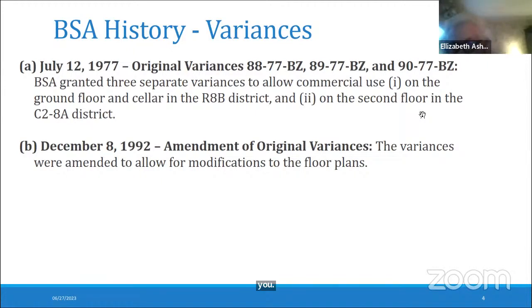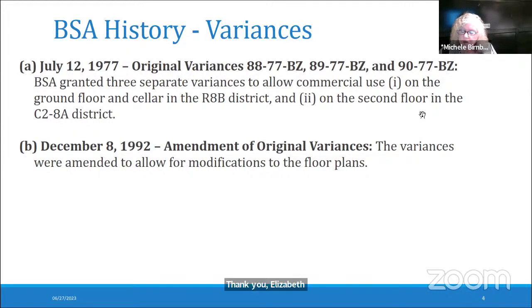Thank you, Craig. And now Michelle Burnwell. Thank you, Elizabeth. First question, do you know if the developer of the receiving site plans to do anything with the 85th Street buildings, anything at all?